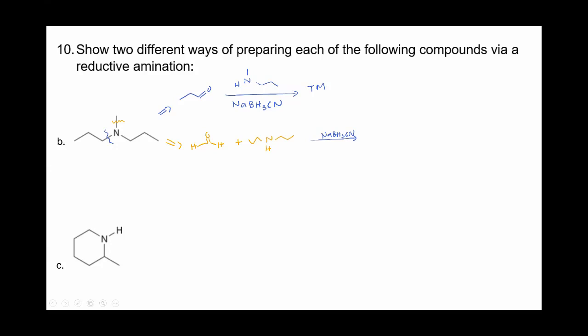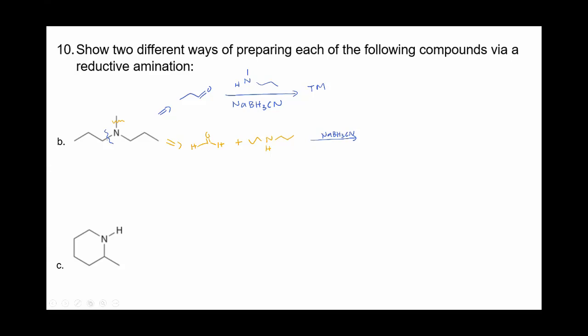Questions on that one? You could also, if the R group was different on the other side, use a different one, but because they're both propyl groups there, that would be the same as the first reaction that we did.